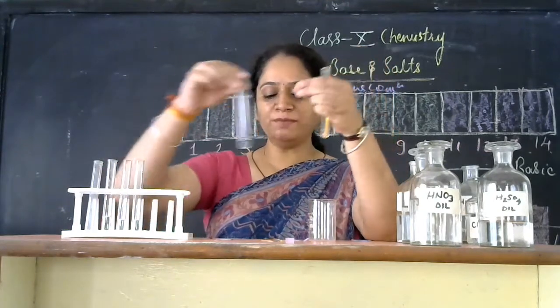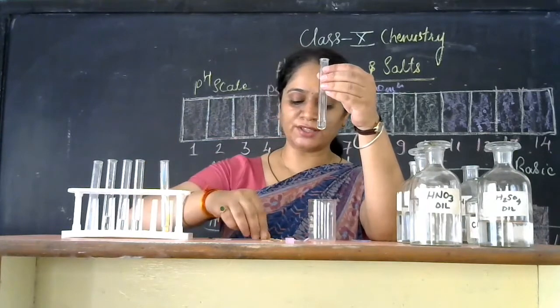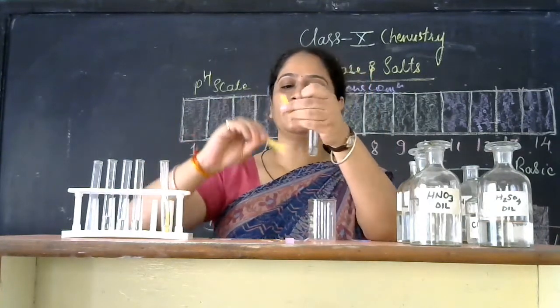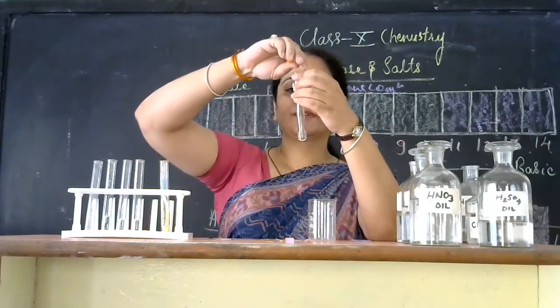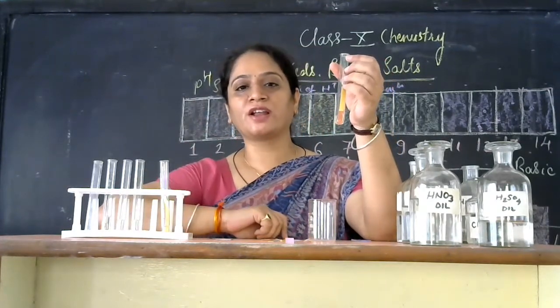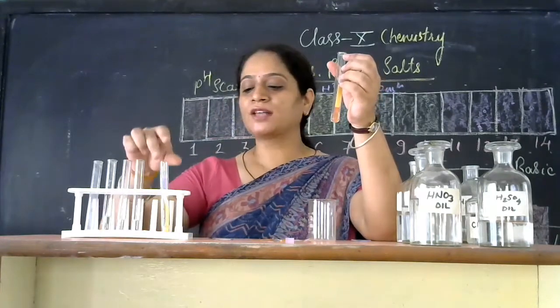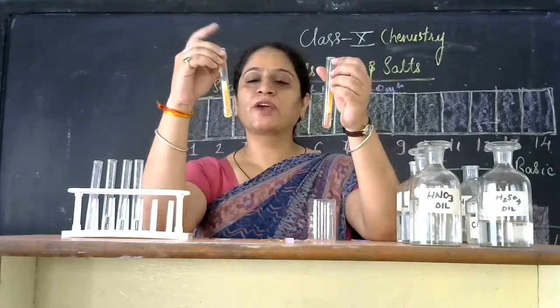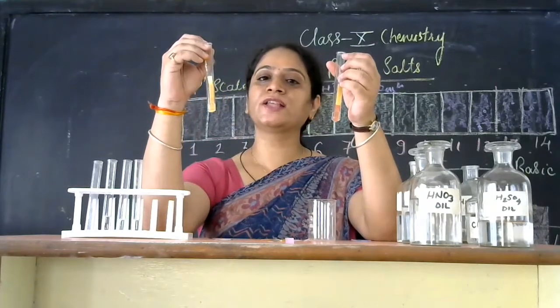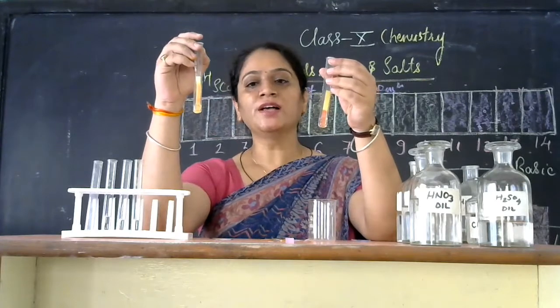When I dip it in another acidic solution, see, its color has become reddish. Its color is darker, or we can say it is more acidic compared to the first acid, because the first has less hydrogen ion concentration and this one has more hydrogen ion concentration in the solution.